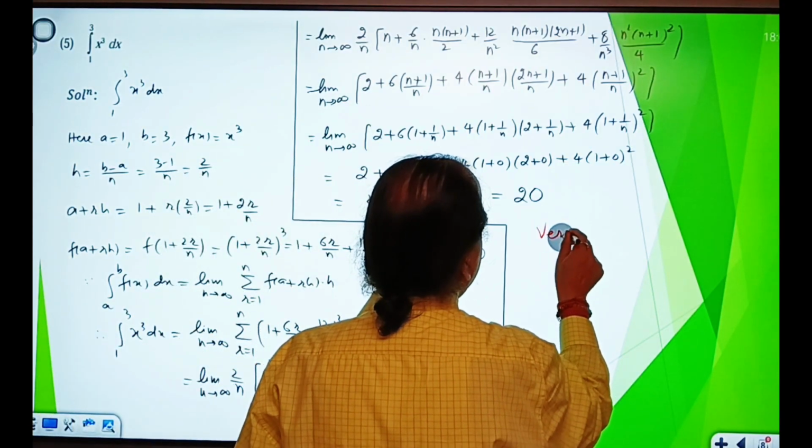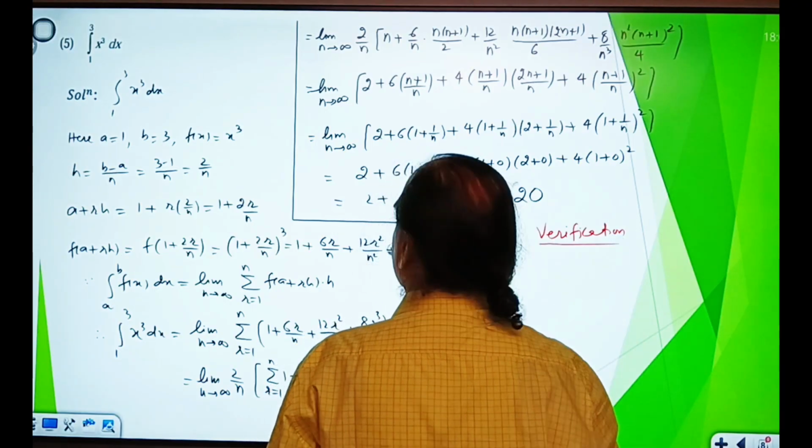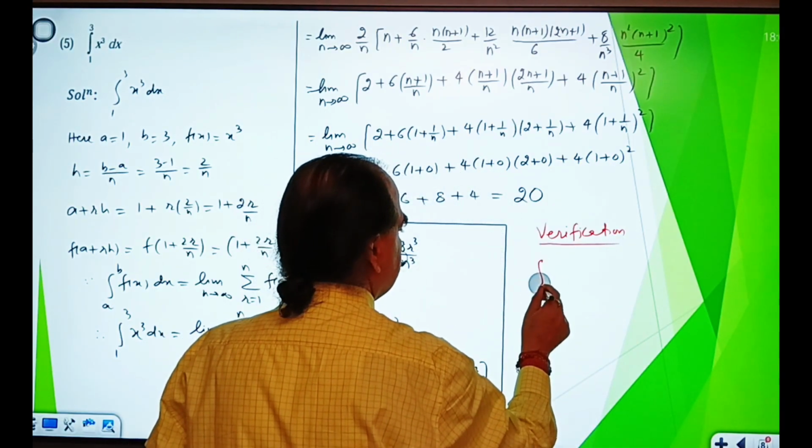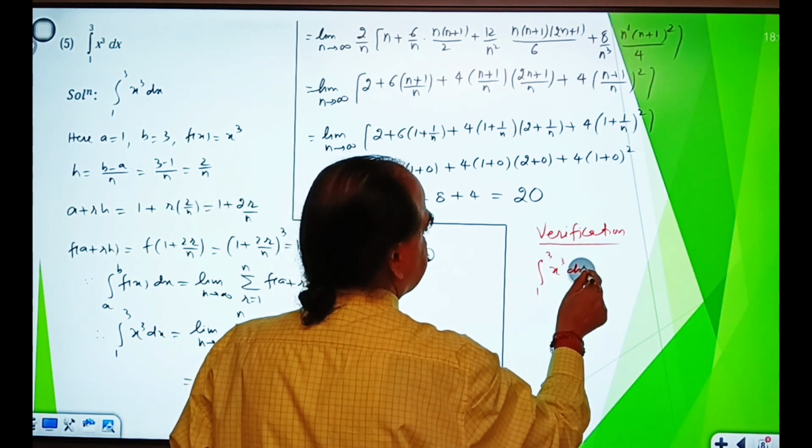Verification. Integral 1 to 3 x cube dx.